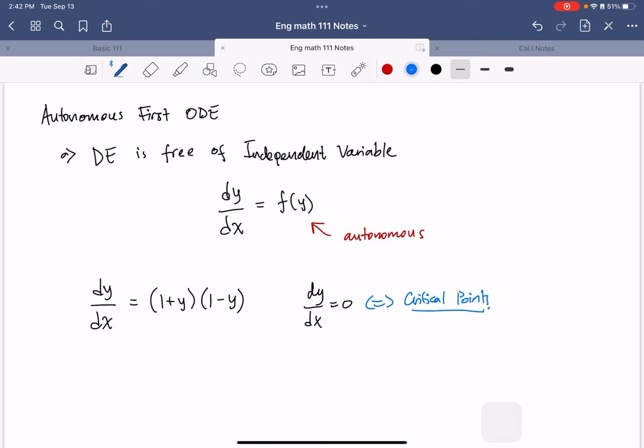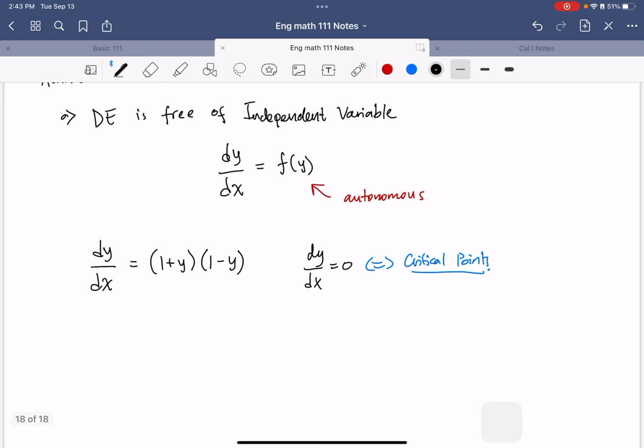But now our dependent variable is y, so we can also say that when y equals -1 and y equals 1, they are also our critical points.